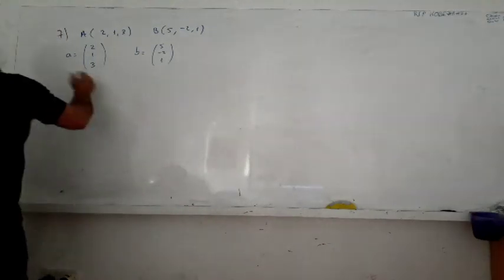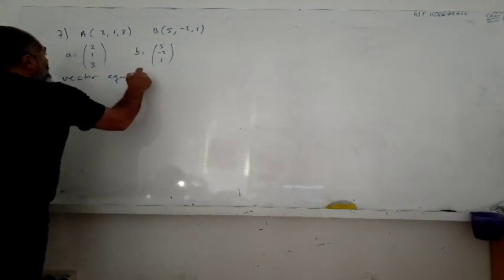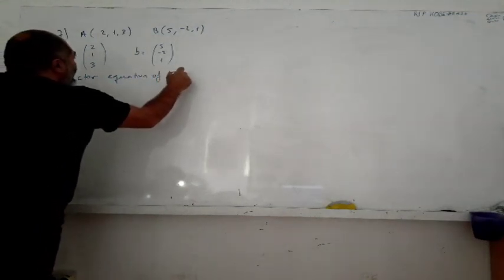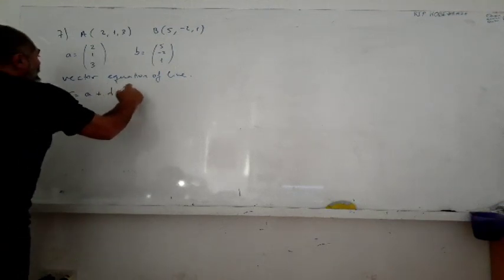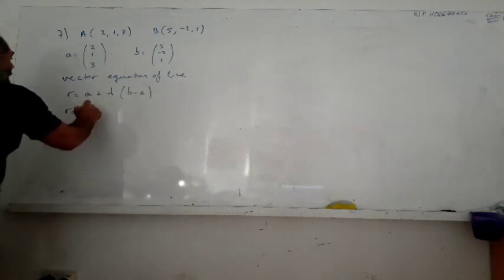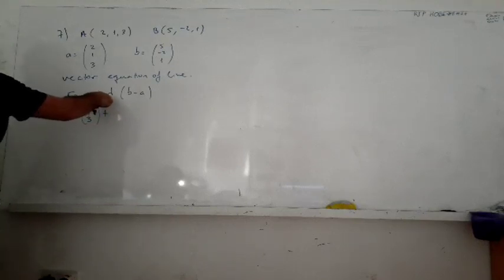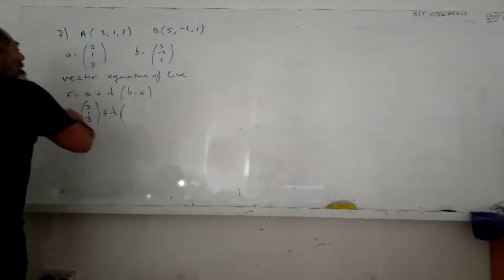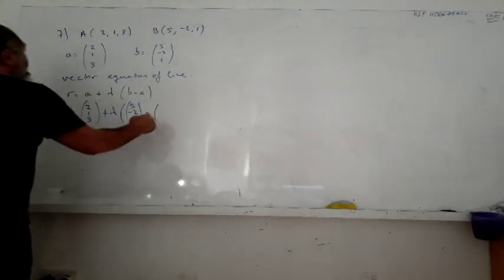Let's write the vector equation. Vector equation of line L is R is equal to A plus lambda times B minus A. So vector equation is going to be 2, 1, 3 plus lambda, you may use any constant you want there, but I choose lambda, times 5 minus 2, 1 minus 2, 1 minus 3.